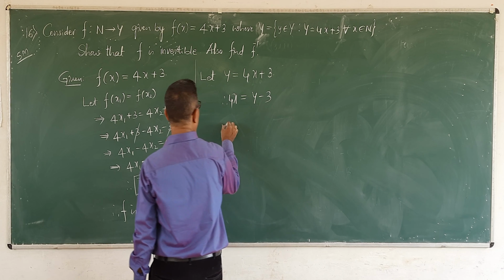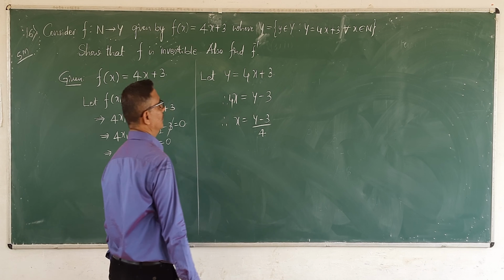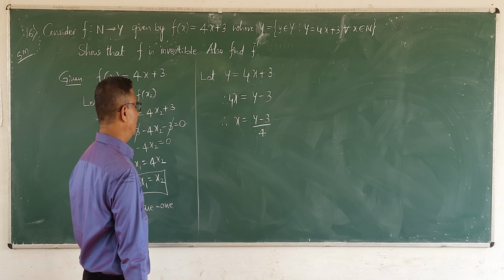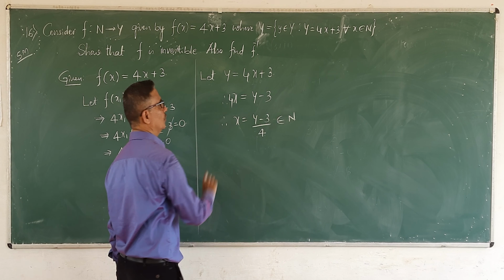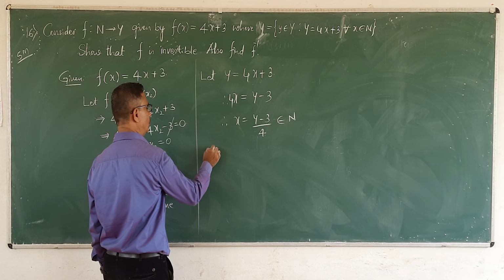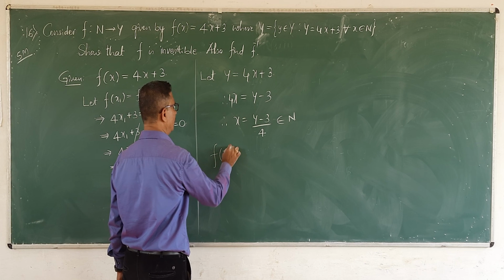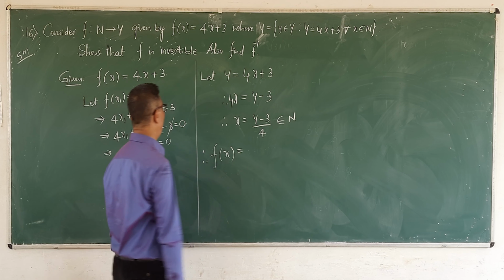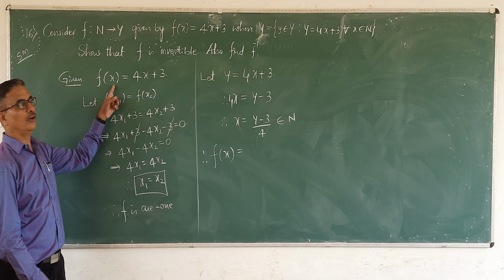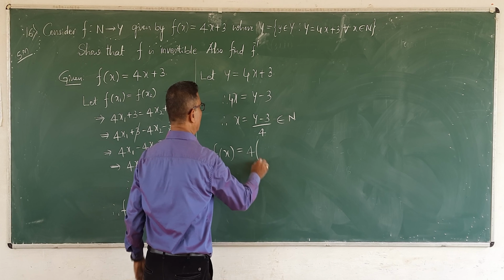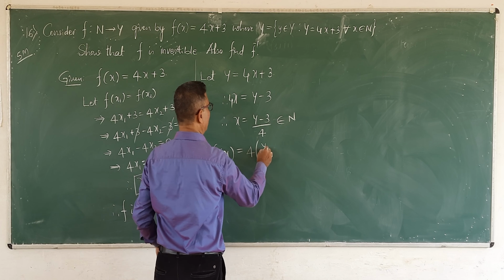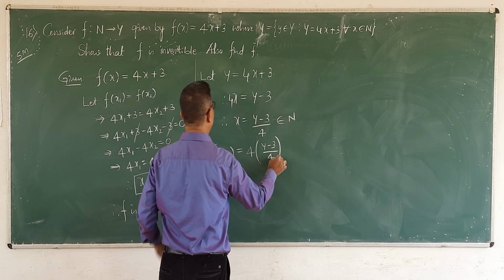Therefore, x is equal to (y minus 3) divided by 4, which belongs to natural numbers. x belongs to natural numbers. Now to prove that f of x equal to y. Therefore, f of x is equal to, what is the f of x value? 4x plus 3. Put the x value, 4x. What is the x value? (y minus 3) divided by 4.